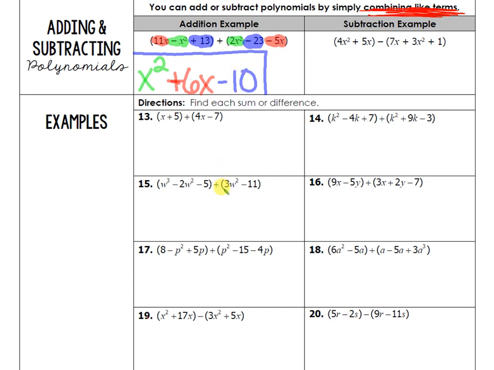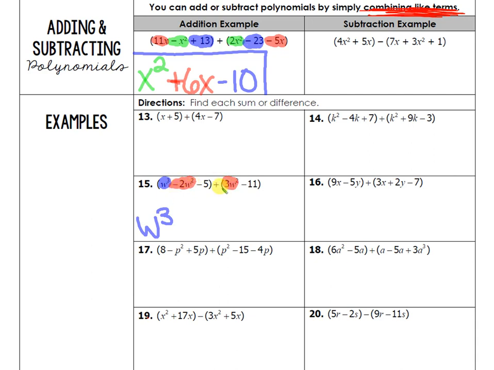Let's do one more addition problem, and then I'm going to turn you loose before we talk about subtraction problems. So I'm going to jump down to number 15. The biggest exponent that I see is w cubed. So w cubed is going to come first, followed by my squareds, negative 2w squared and 3w squared.